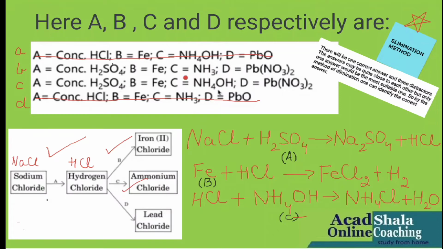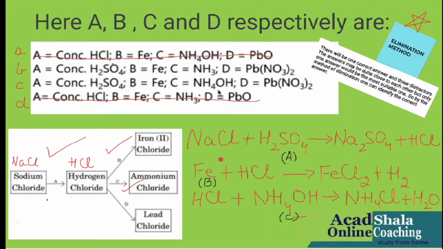Now these two are left. For these two categories, I am solving the whole question. Up till C, I have solved. Now only the D portion is left. If you see the D portion, both are having the same, that is lead nitrate. So this becomes very easy, children. D is nothing but lead nitrate, pakka.